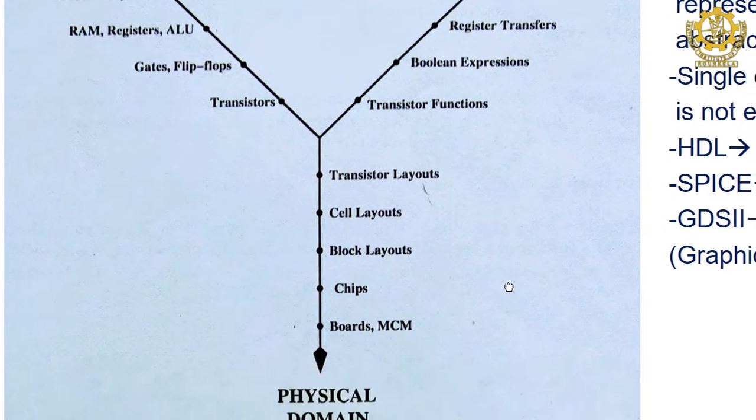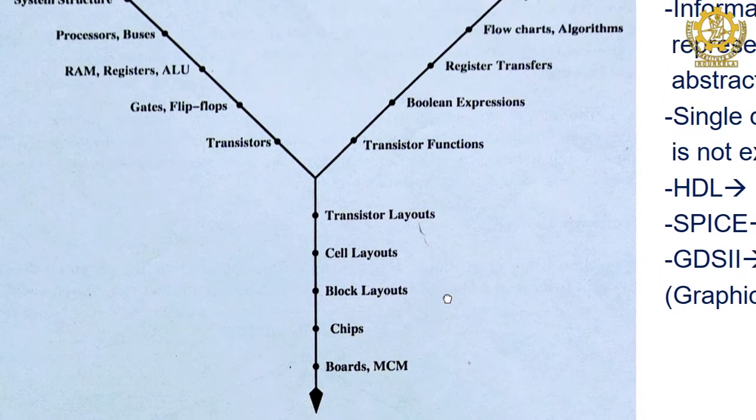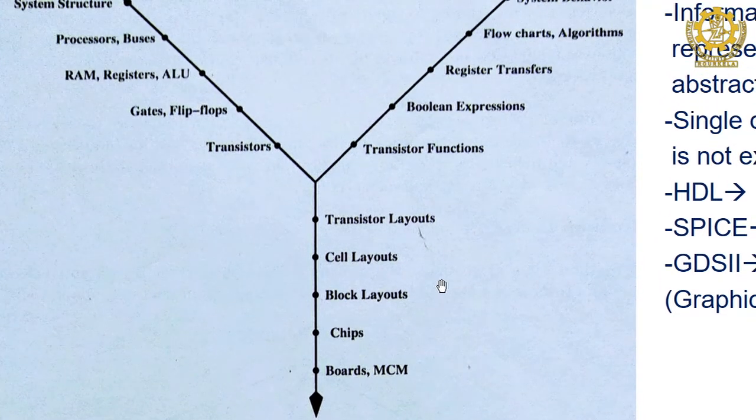Okay. So similarly in the physical domain, at the top you have boards and MCMs, where MCM stands for multi chip module, because on a board we may have different chips, which will be connected to form an MCM. Out of that you can have individual chips, and individual chips will have individual block layouts, and finally each block layout may consist of certain gate cells or standard cell layouts, as I told last class.